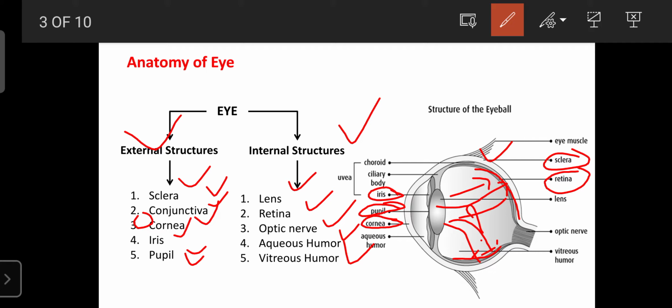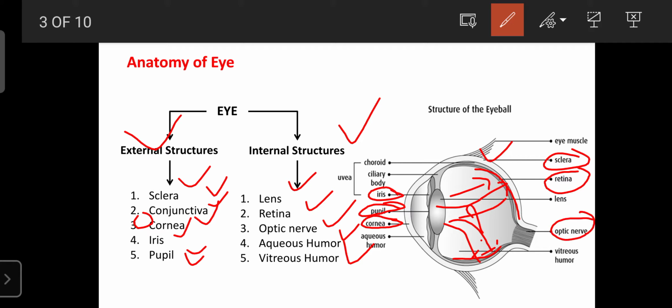The retina consists of various types of cells, and the role of those cells is that the object or image that falls on the retina is converted into impulses. Later, those impulses are sent to the brain with the help of the optic nerve.